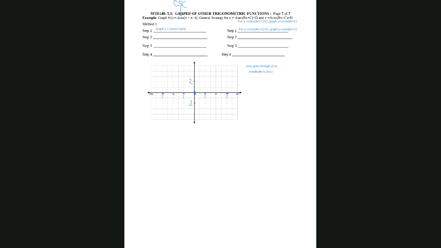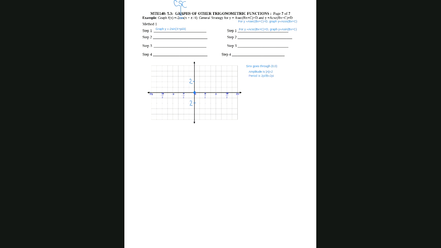Okay. And what else do I need to remind myself about? Well, the period in general is 2 pi over b. And in this case, b is just 1, so the period is equal to 2 pi.